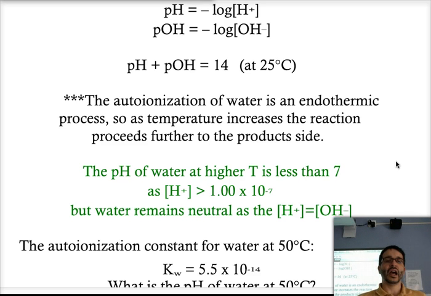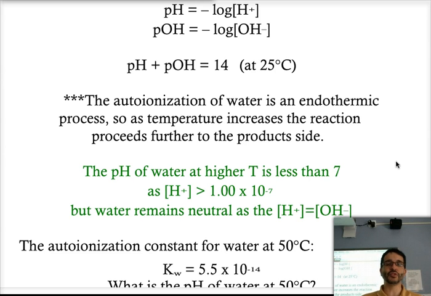So the higher the temperature is, the lower the pH is going to be, because the higher that H plus is, since it's the negative logarithm of the concentration of the H plus, the pH will become a smaller number. In theory, water becomes more acidic as you heat it up.